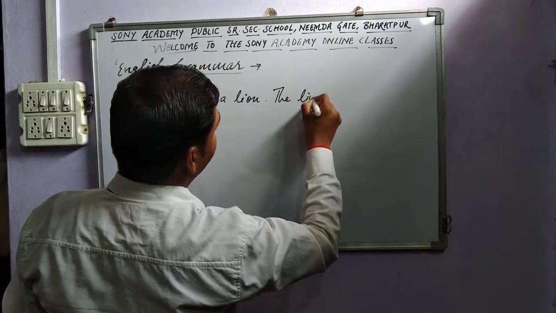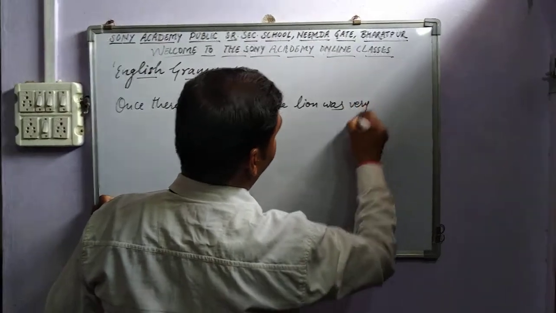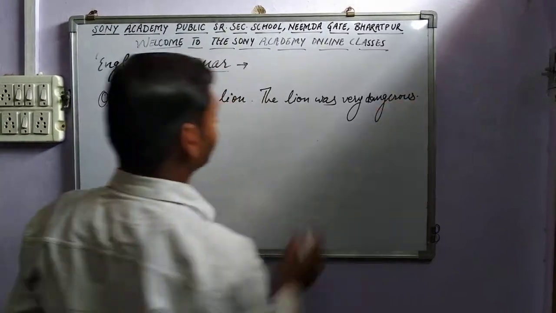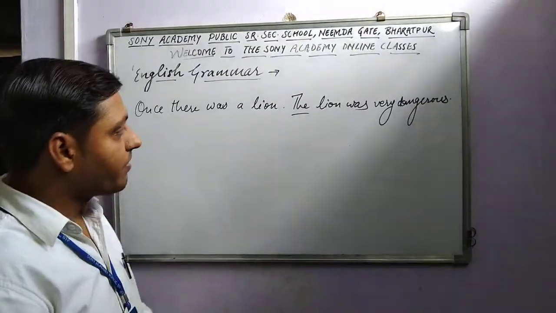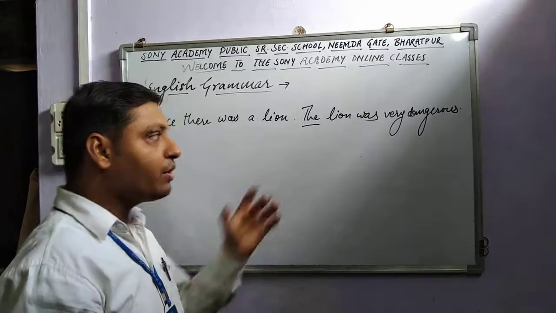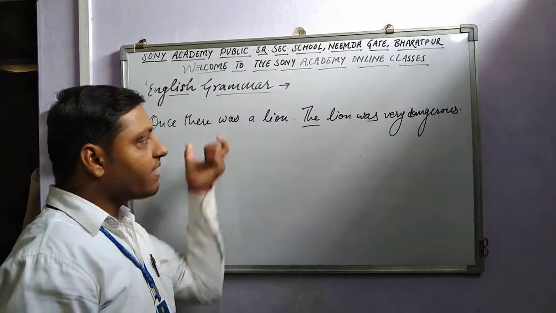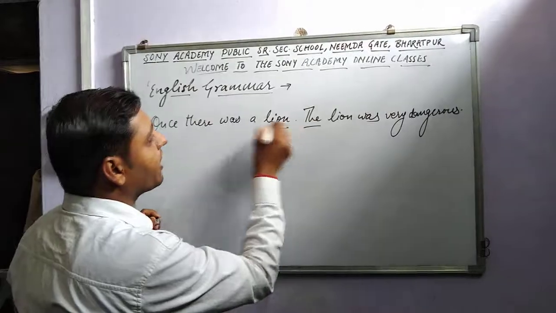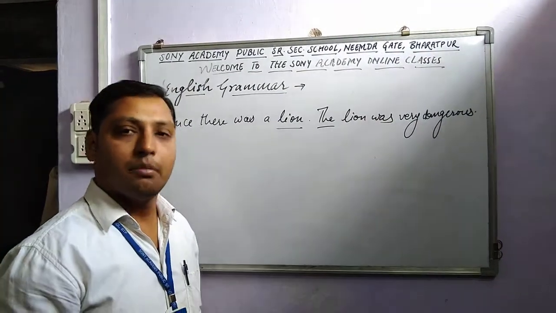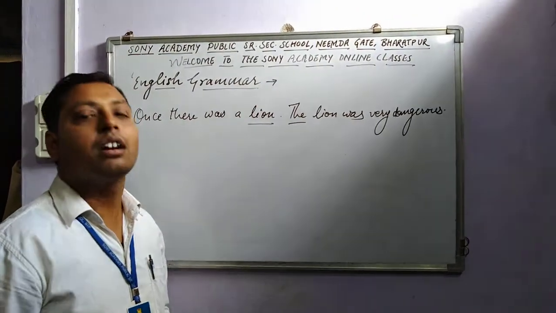The lion was very dangerous. Here I have used the definite article the before the word lion. I have used the to make it definite because in the previous sentence we have mentioned it earlier. So my dear friends, the is also used before the noun which has been used earlier, okay, or mentioned earlier.